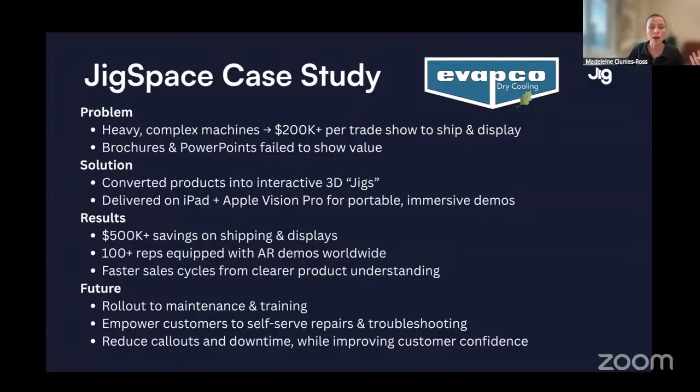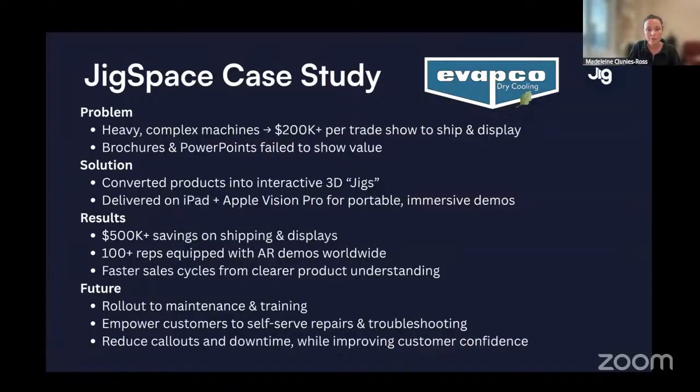So Evapco partnered with Jigspace to convert their largest and most complex equipment into portable, interactive 3D jigs, viewable across iPads, iPhones, and Apple Vision Pro. And this gave sales reps a product in their pocket type demo while enabling AR plant tours and immersive trade show experiences without shipping physical machines, which obviously is a cheaper as well as a more environmentally friendly solution.